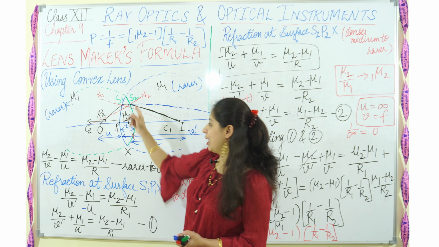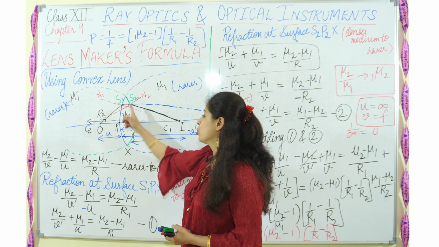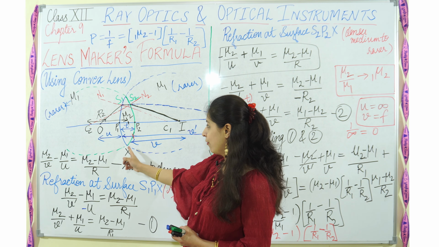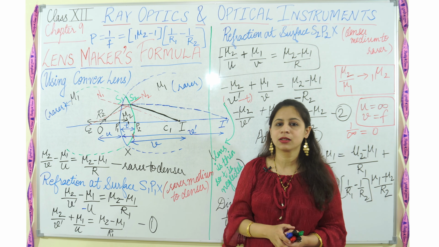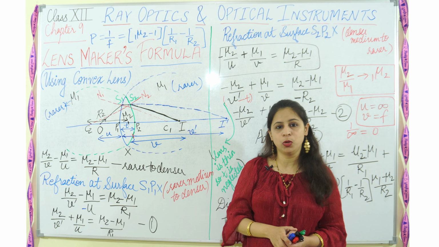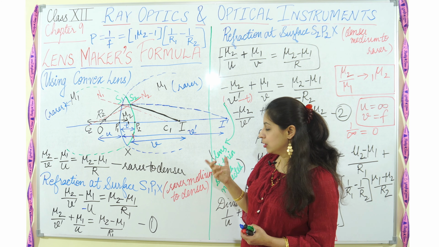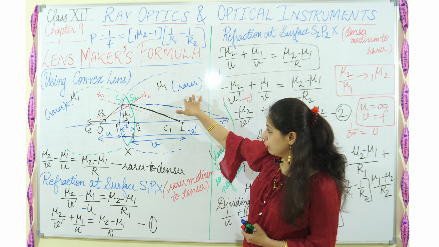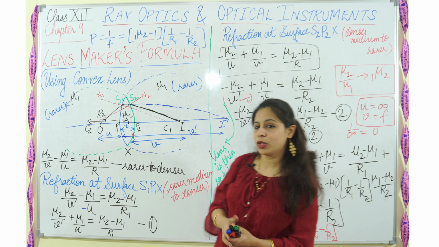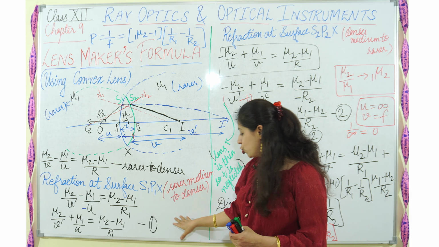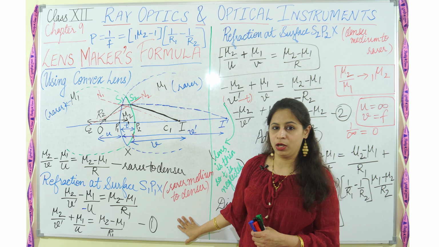Here we have taken the denser medium as the lens, having the medium mu2, and on both sides of the lens there was a rarer medium, mu1. So these are all the limitations. In this manner we need to derive the lens maker's formula.